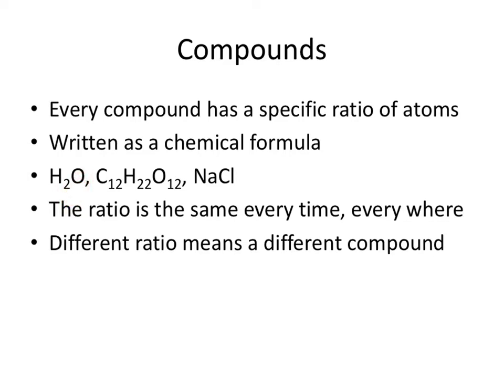Otherwise, it's a new compound. And then the same thing for the sugar here and for sodium chloride. That's salt. For sodium chloride, you always have one sodium ion bonding with one chloride ion. And the ratio is always the same. And again, if you have a different ratio, you have a different compound.